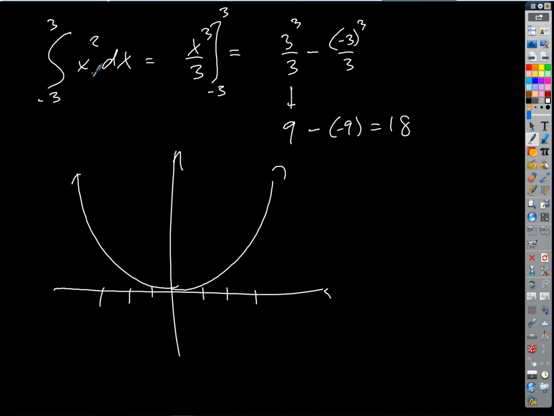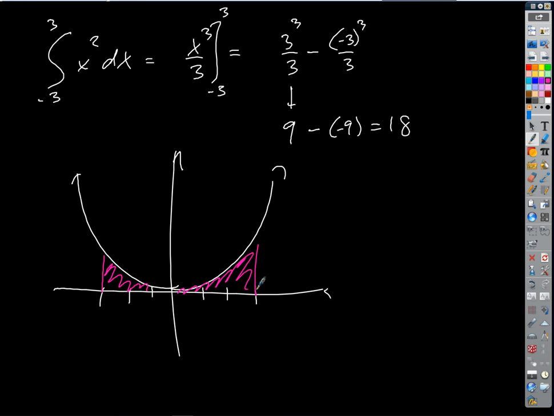It's symmetry about the y-axis, right? So if I look at the area under the curve, now this is obviously not to scale, but if it's an even function with symmetry about the y-axis, and I have symmetric limits of integration, then can't you guarantee that both of those areas are going to be the same, right?